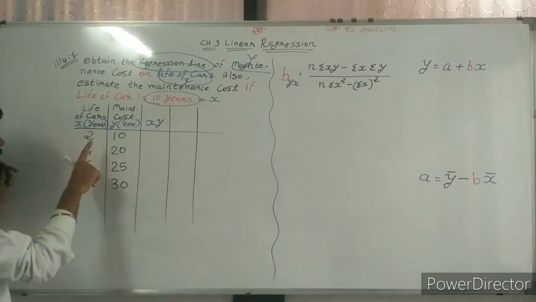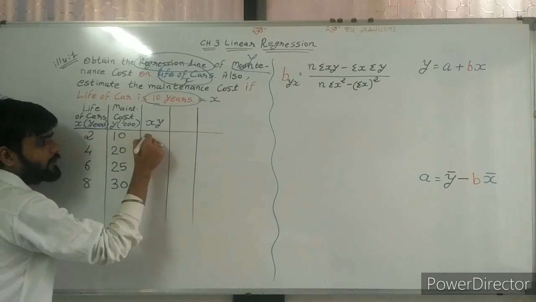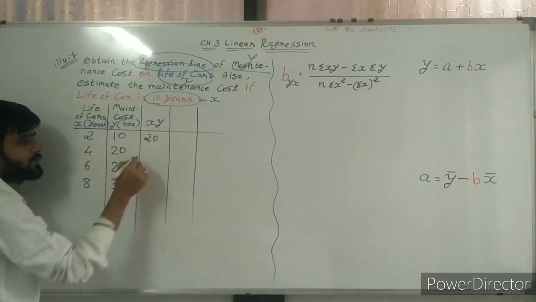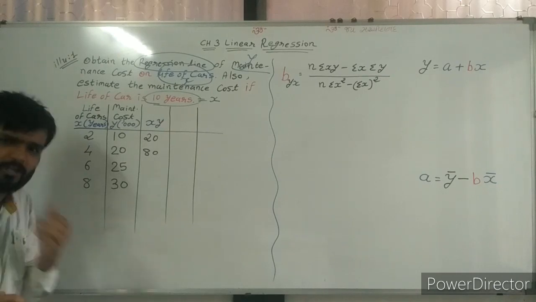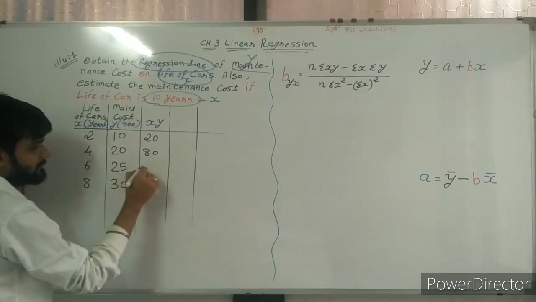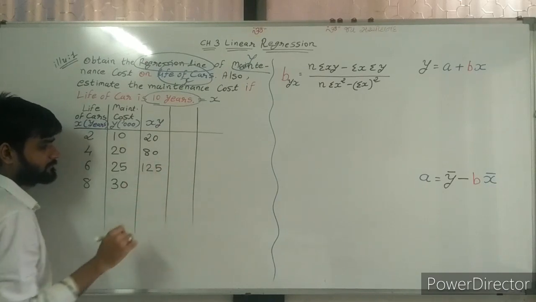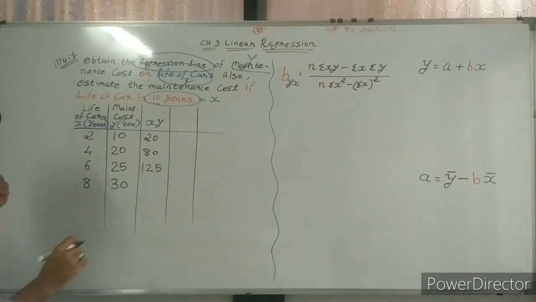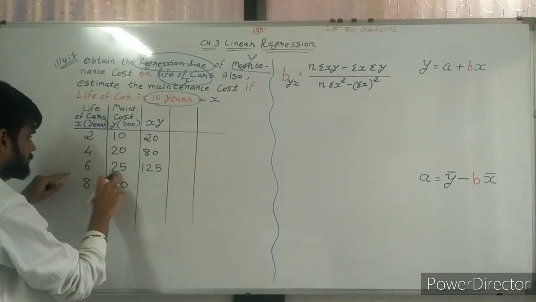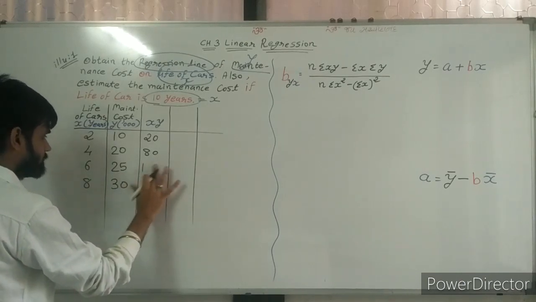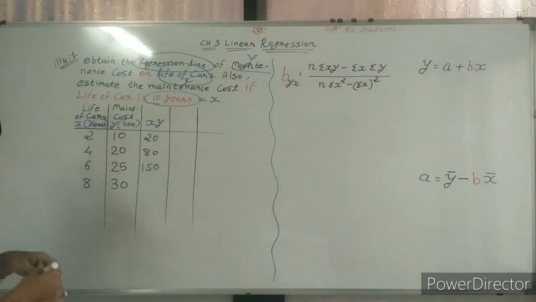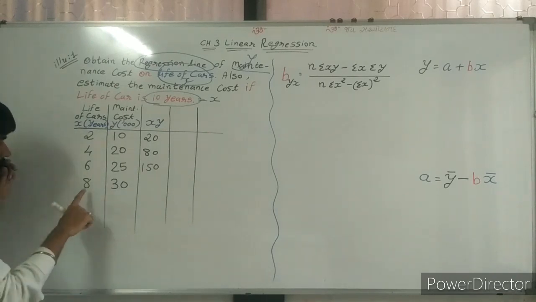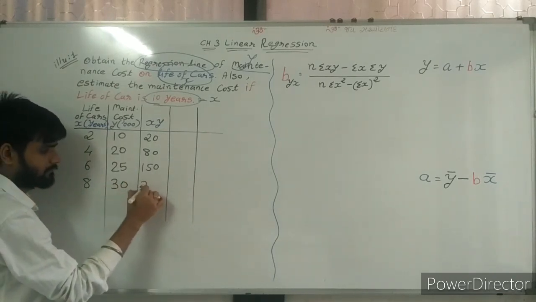So find the multiplication of xy. 2 into 10, so 20. 4 into 20, so 80. 6 into 25, let me do it in the calculator: 150. 8 into 30, 240.